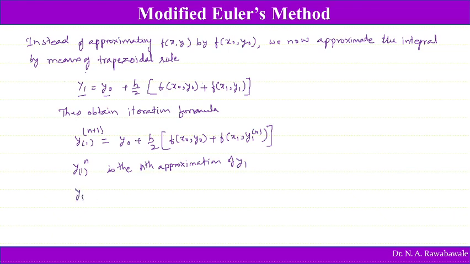So y1 of 0 indicates the first approximation or zeroth approximation, which is given by y0 plus h f of x0 comma y0. So it is obtained by the simple Euler's equation.